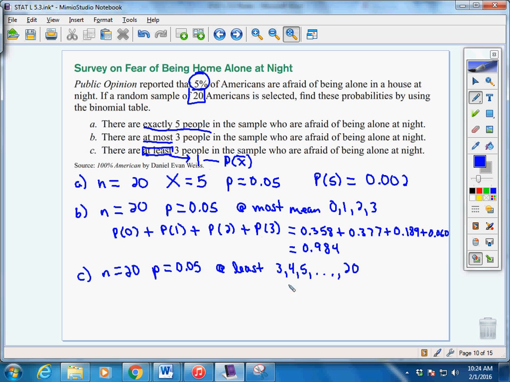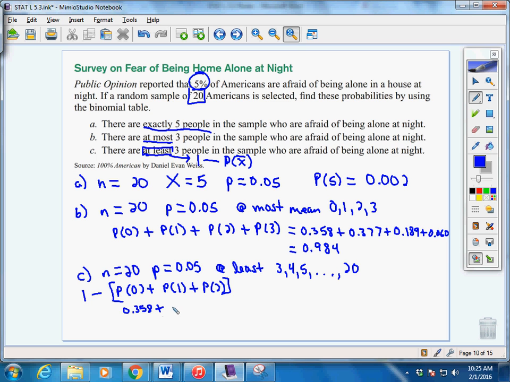What does that mean? Well, let's take the probabilities of 0, 1, and 2. It's a little bit shorter, and then go 1 minus that. So the probability of 0 is 0.358.